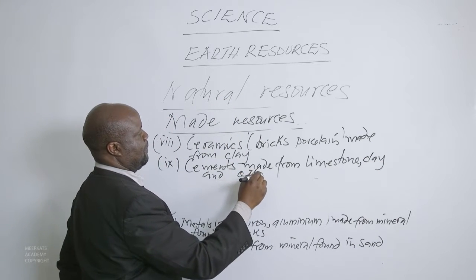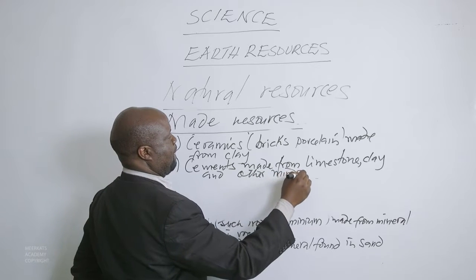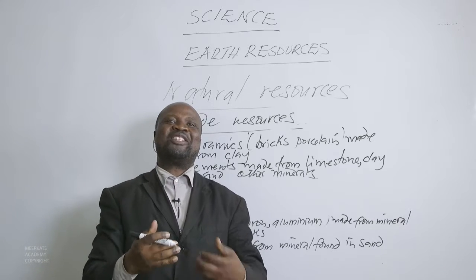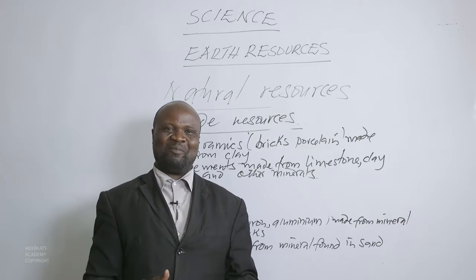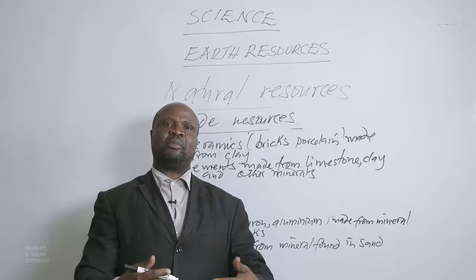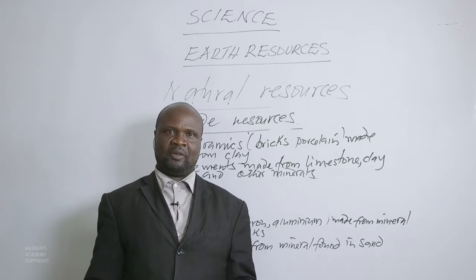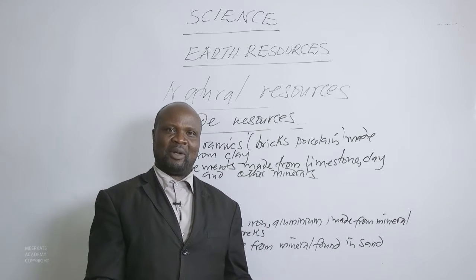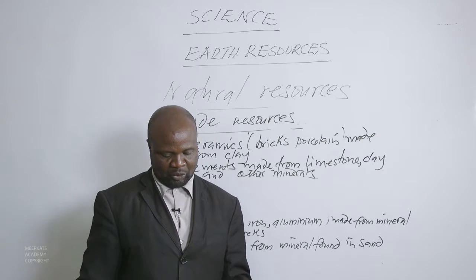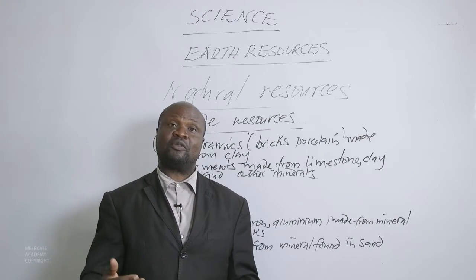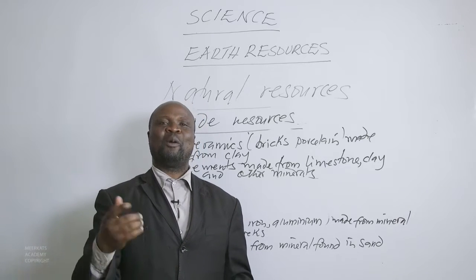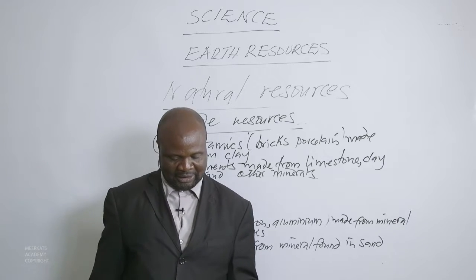So we are saying the cement is not naturally available, but it is a made resource. Whatever is naturally available is the limestone we have. From the naturally available limestone, we shall get our cements and be able to use it for other purposes like construction and so forth. So we know that these minerals found within the rocks are very important. So the rock becomes the natural resource, from which we extract the limestone and we get our cements.